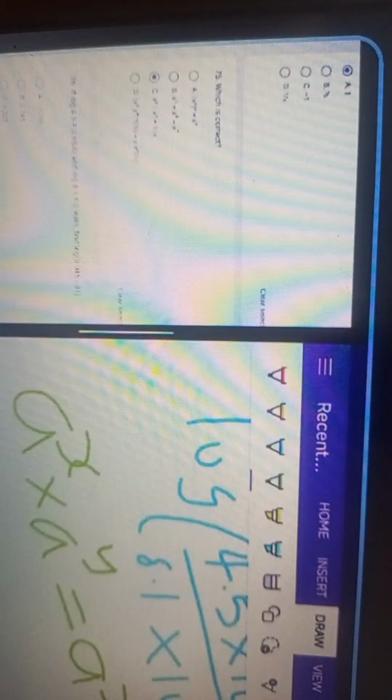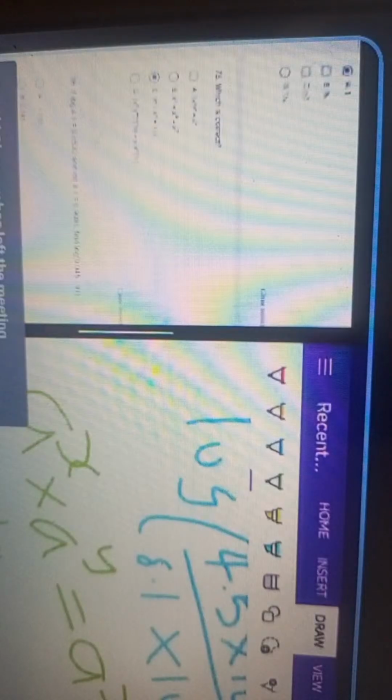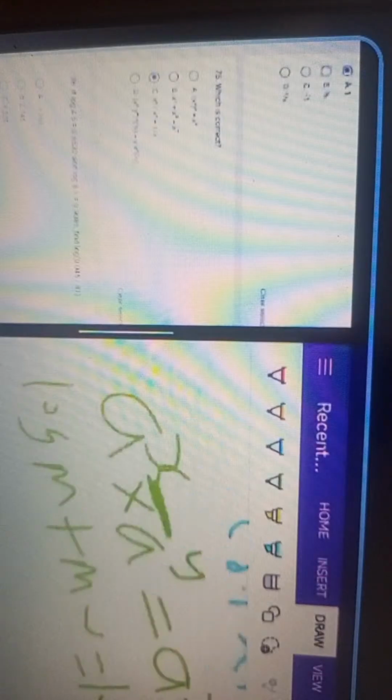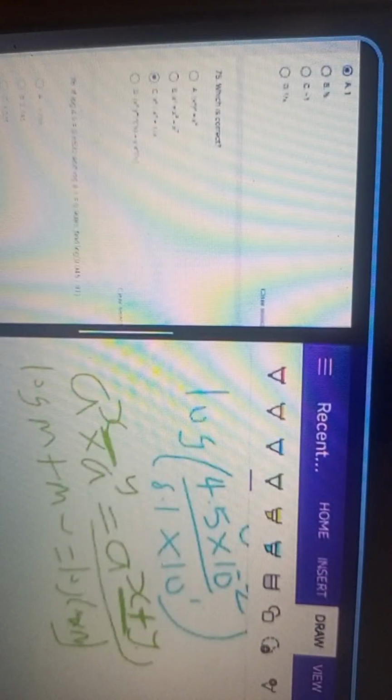In logarithm, log of m plus log of n, since here they are multiplied, is going to be equal to log of m times n. Do you understand me? You just take it from this side to the other side. Another one is a logarithm.